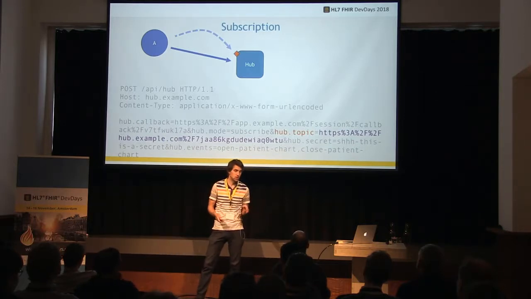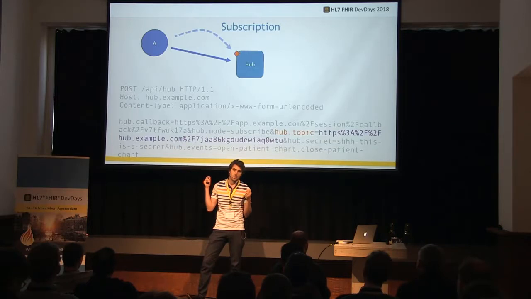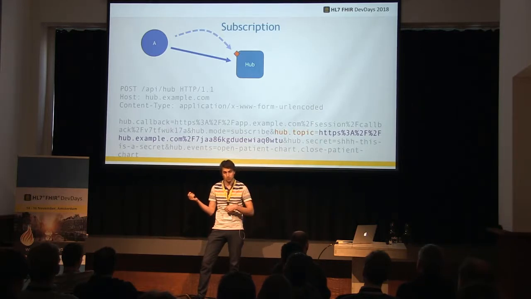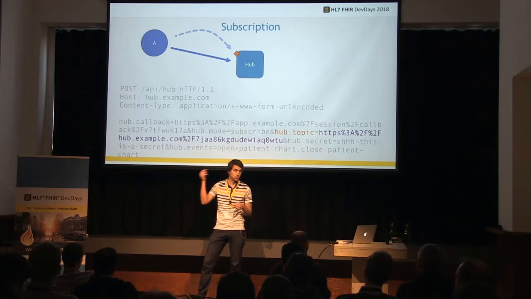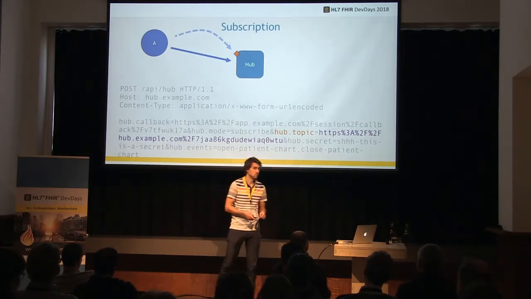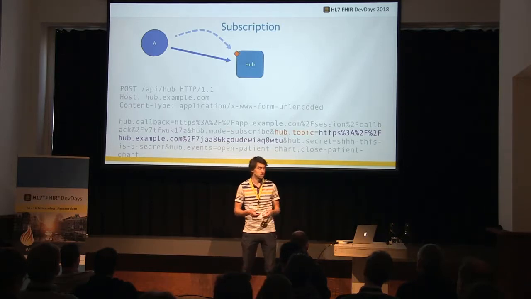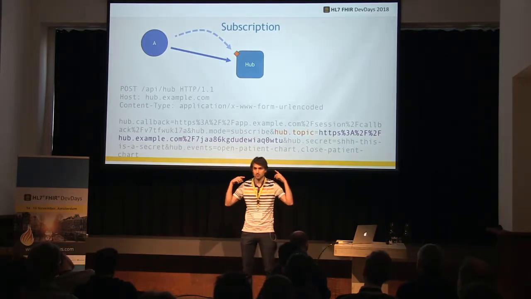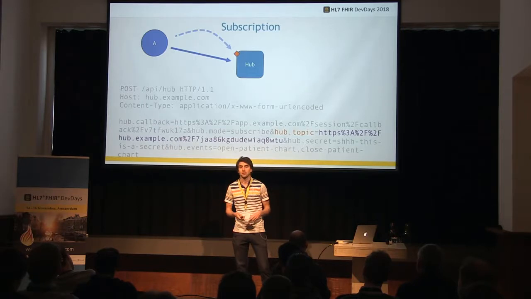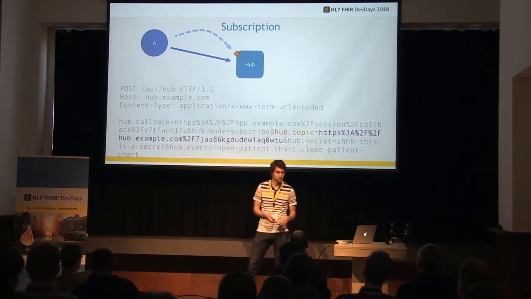But it's also a URI used for the client to say something happened at my side. So now we have two-way synchronization. The hub can post on the callback saying something happened, and the client can post on the topic URI saying something happened. This is also a URI, if you translate all these encoded characters into colons and slashes.